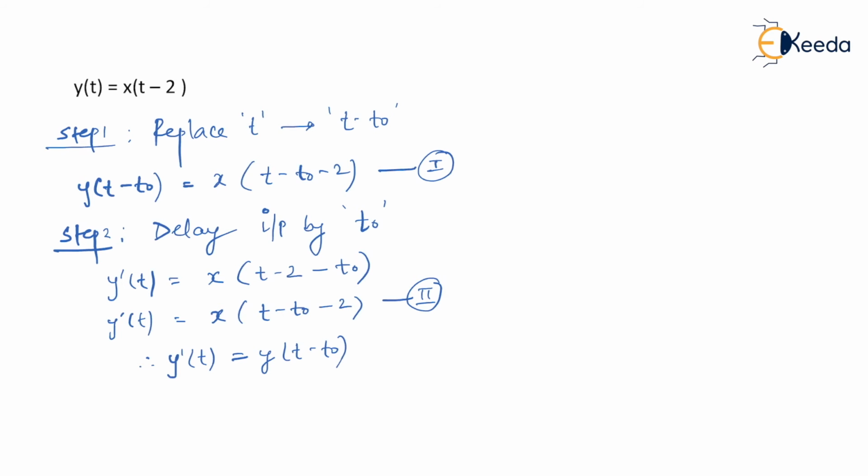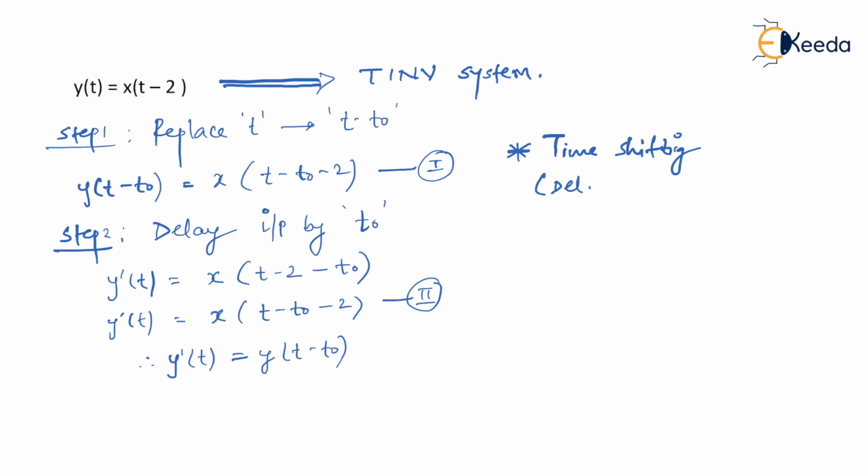And whenever y dash of t is equal to y of t minus t naught, so it is a time invariant system. Now if you observe what is done with variable t with respect to x, it is nothing but time shifting. So now you can conclude that time shifting, when you say time shifting, it can be delay or it can be advance also. It keeps your system as time invariant system.